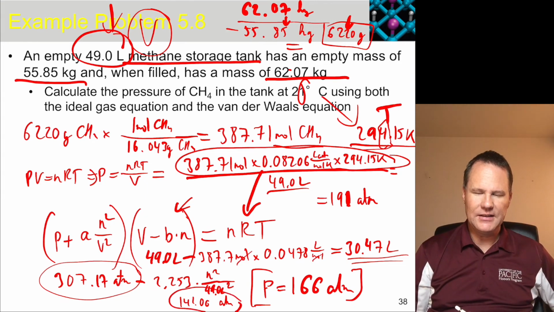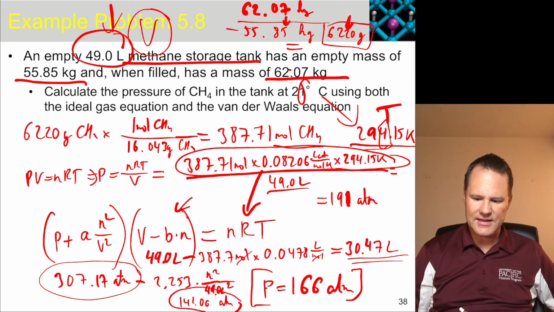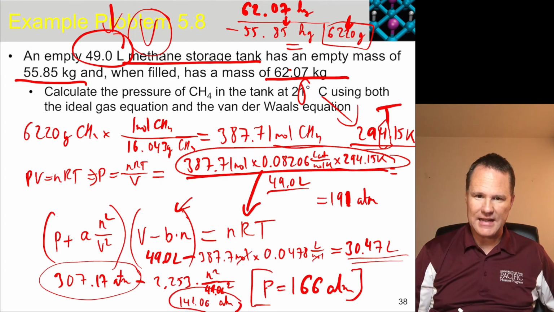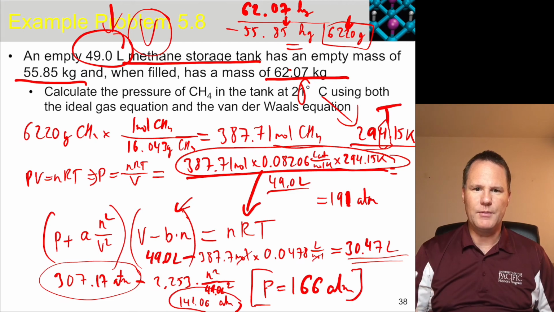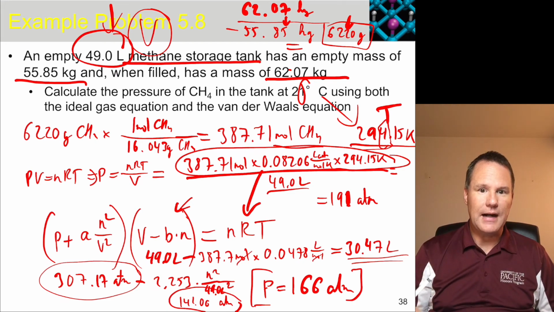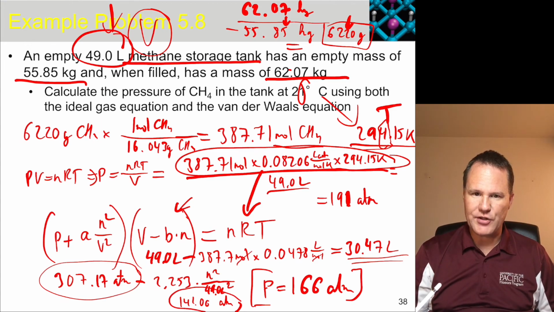And so the overall pressure that we're feeling in this gas is only 166 atmospheres because of the two opposite effects. Now, I hope I haven't made some horrible mistake, but if I haven't, then this is a very good test of how to employ the van der Waals equation.